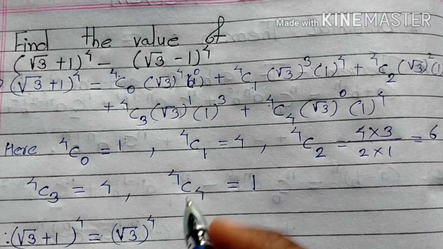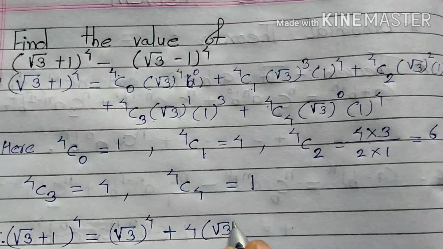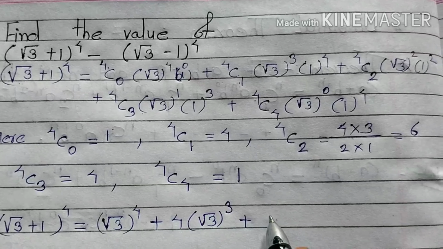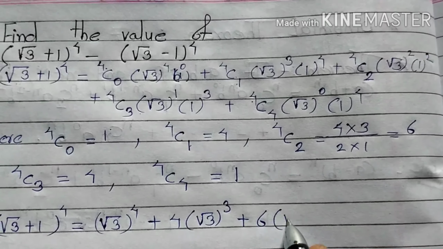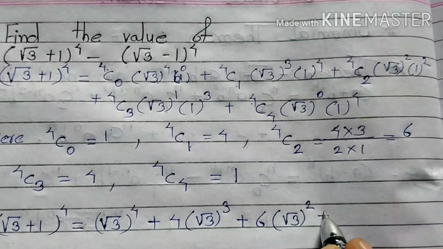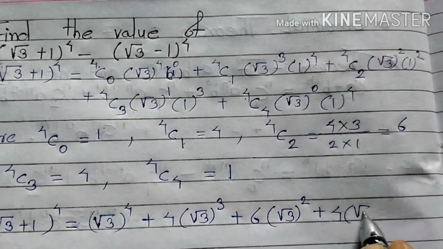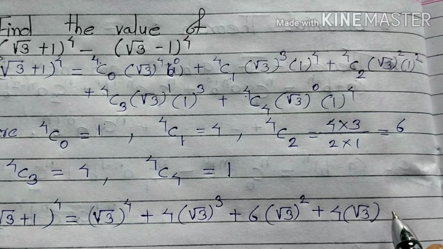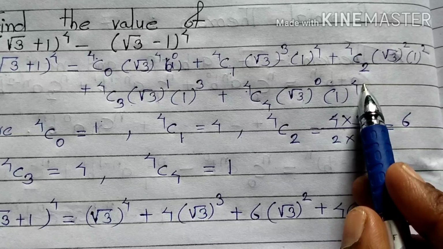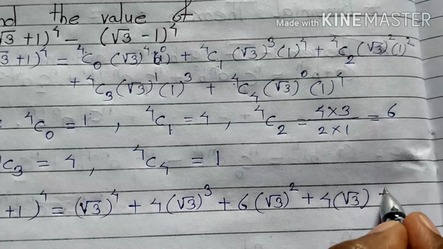Next 4C1 is 4, so 4 and (√3)^3, 1 raised to 4 is 1, plus 4C2 is 6, (√3)^2, keep it as it is, 1 square is 1, plus 4C3 is 4 √3, and last term 4C4 is 1, (√3)^0 is also 1, and 1 raised to 4 is 1. So the multiplication of all these terms is 1.